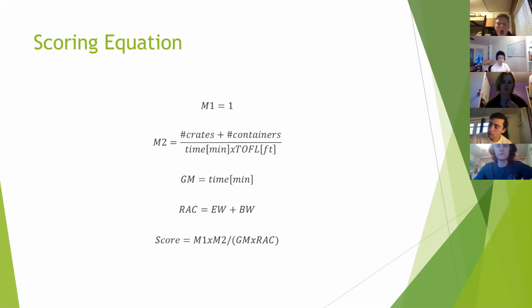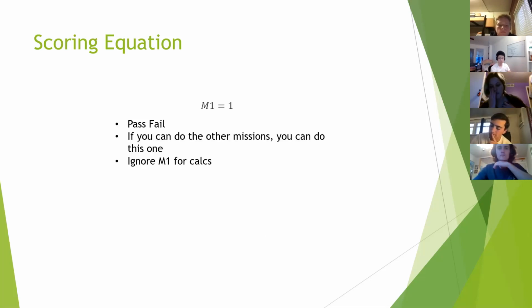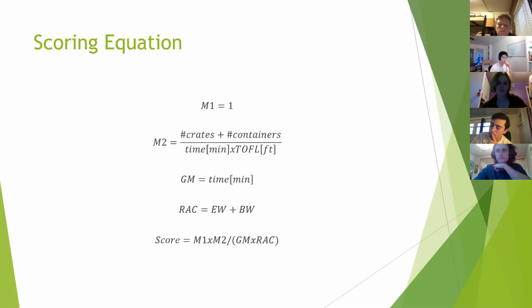You've got your rated aircraft cost, which is your empty weight and your battery weight. Then you've got the total score, which is your mission 2 over your ground mission and your rated aircraft cost. As I mentioned, mission 1 we can just ignore. It's just a test of whether you can actually fly, because you have to fly that first. If you can't, you get 0 because you're multiplying it in.